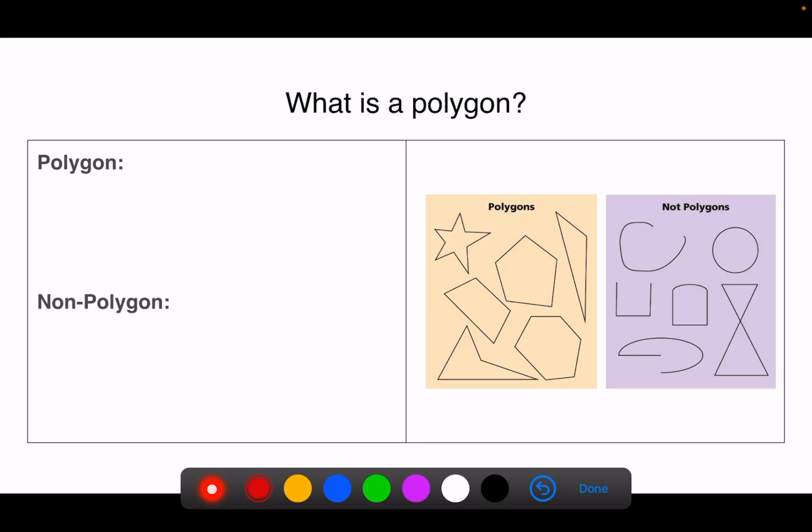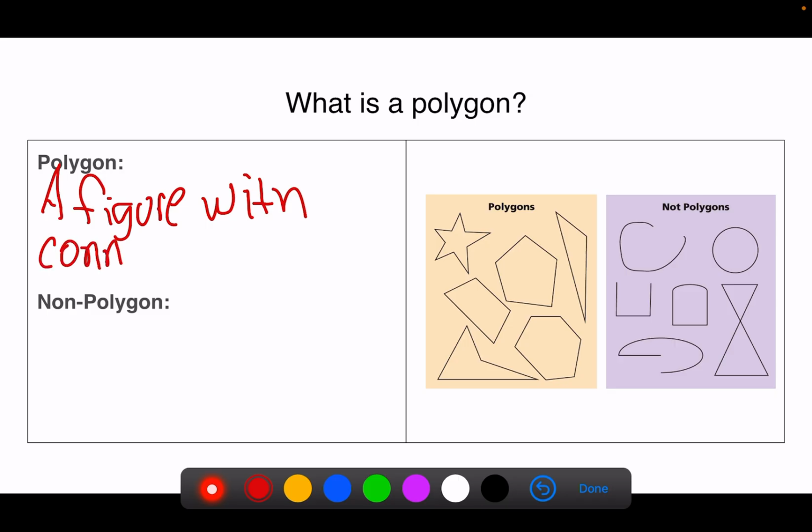Sometimes we use geometric figure, but we're just going to say a figure with connected straight lines. Now, if you need to pause to finish writing the rest of that down, please do so.